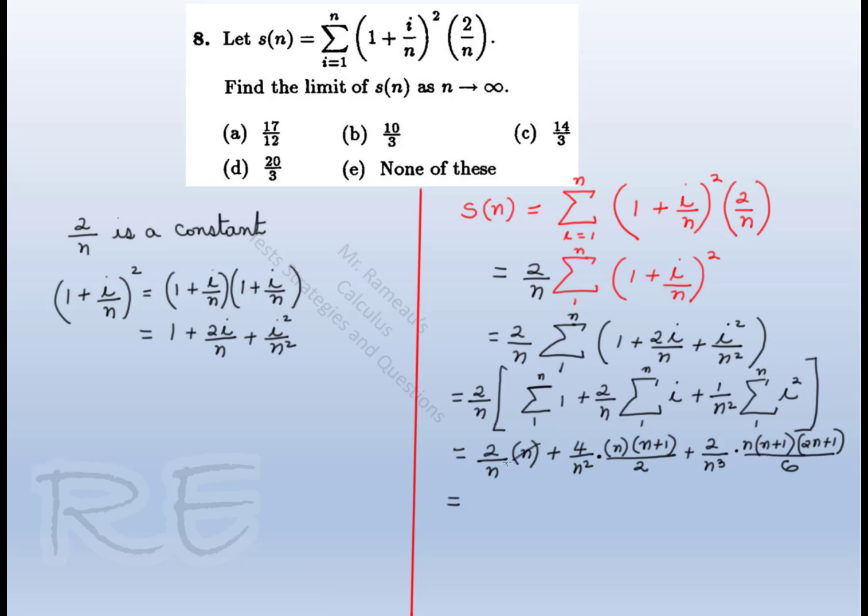n cancels, we're left with 2. n over n squared will be just n, and 4 over 2 is 2.